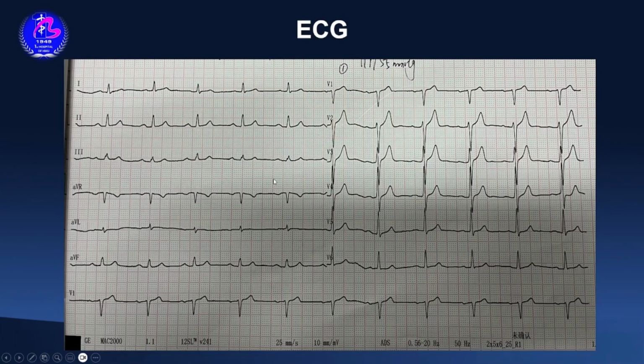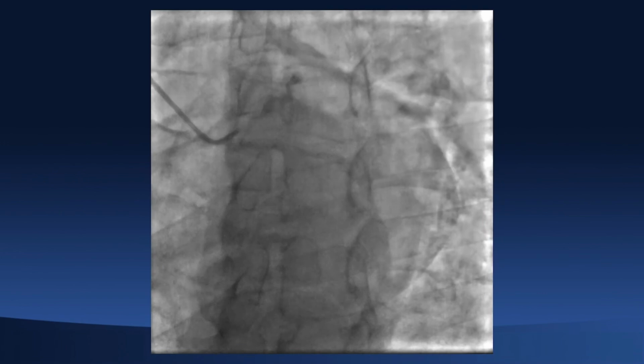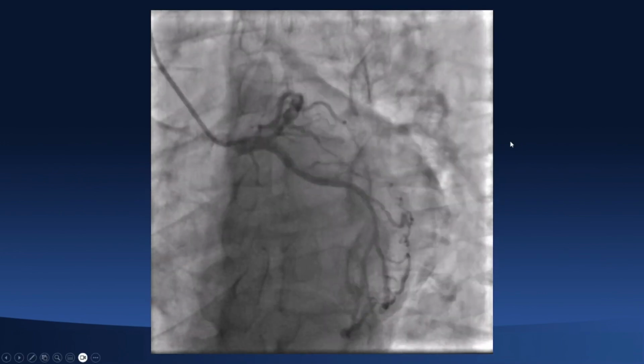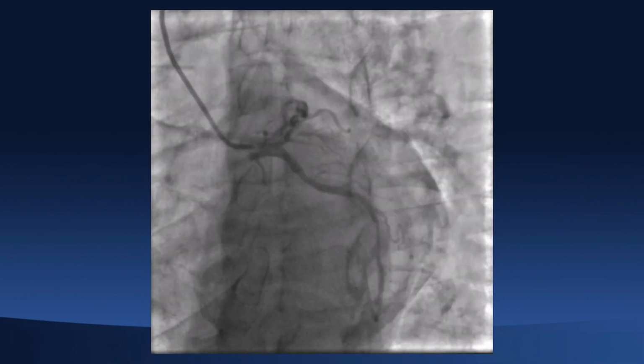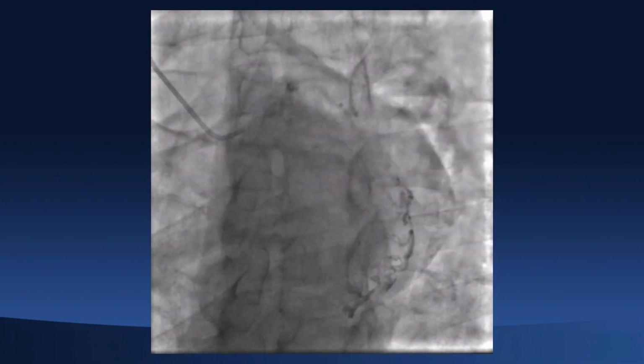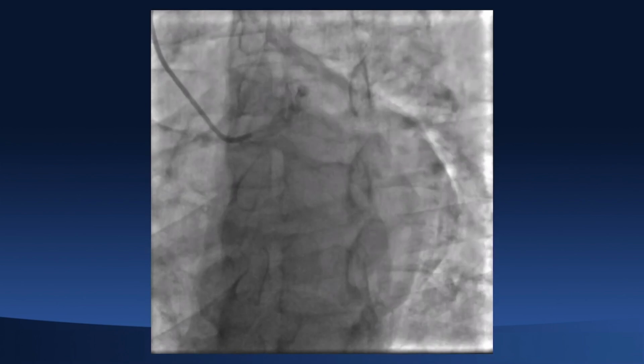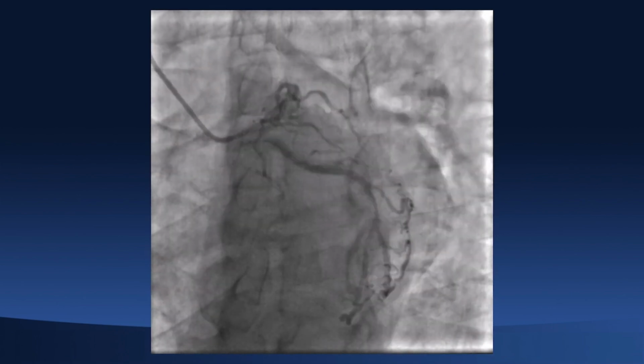Next, the electrocardiogram showed sinus rhythm and no T wave inversion or ST segment depression. Next, the coronary angiography showed that there was a serious stenosis in the proximal LAD with severe calcification.